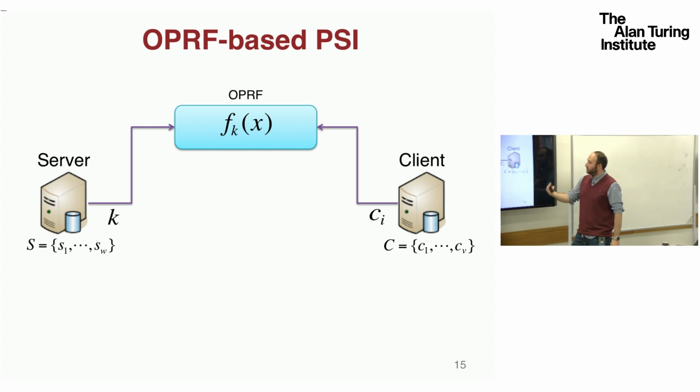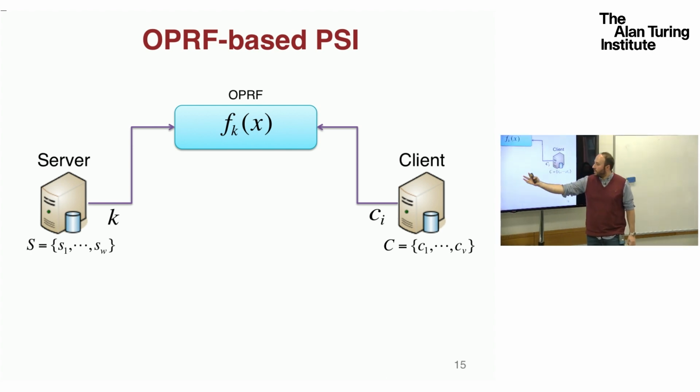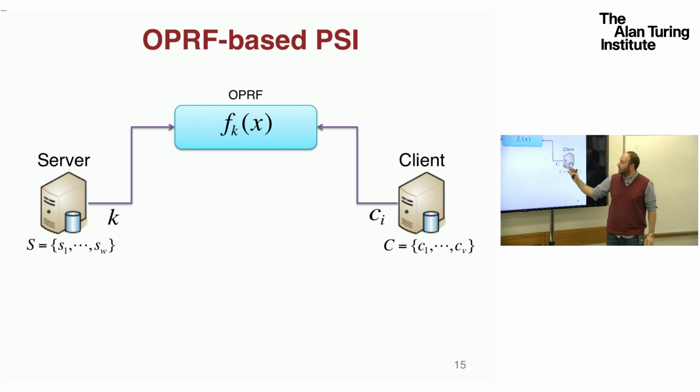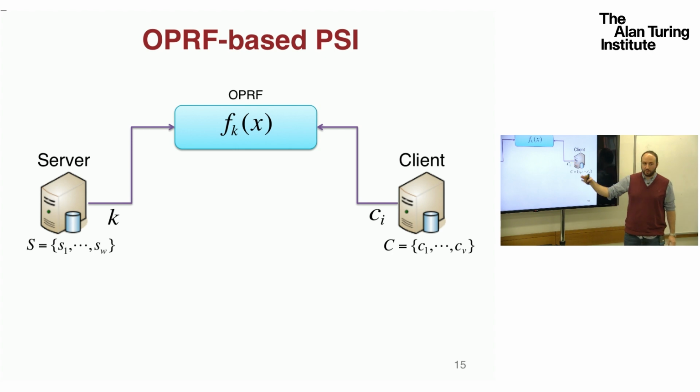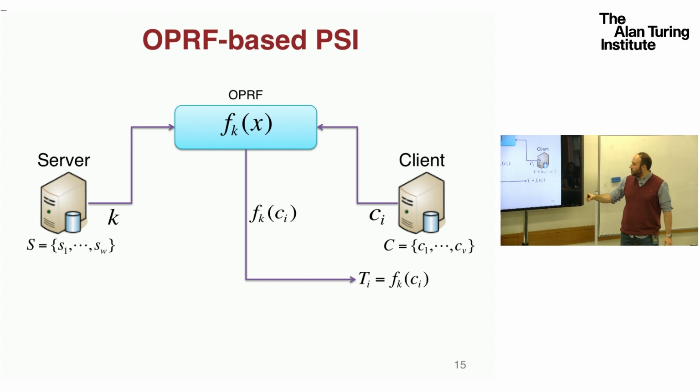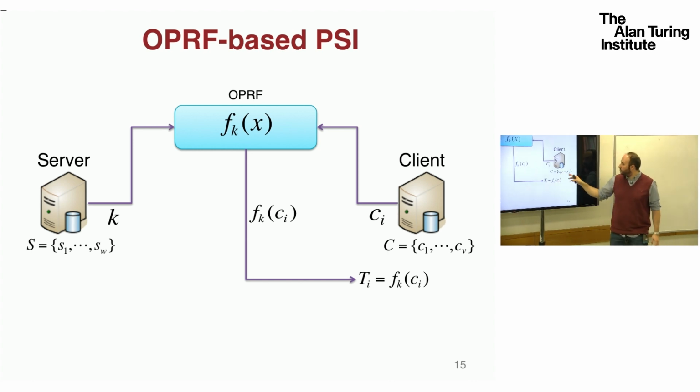The idea is that the server inputs this key k, and the client engages with the server to get evaluations of the function for each of the items in the set. Okay? So for i going from 1 to v, the client gets f_k(c_i).